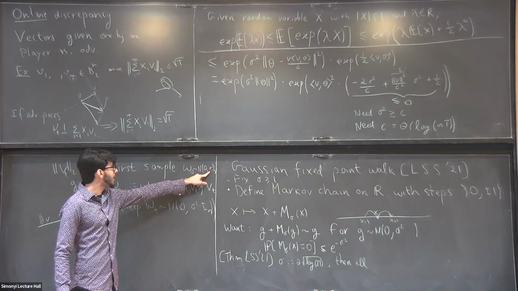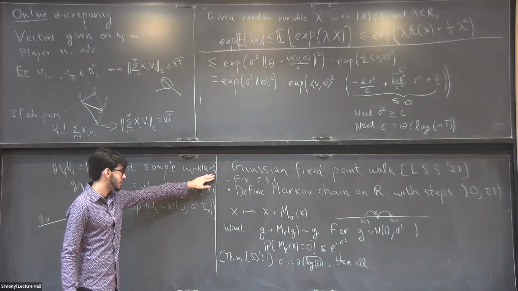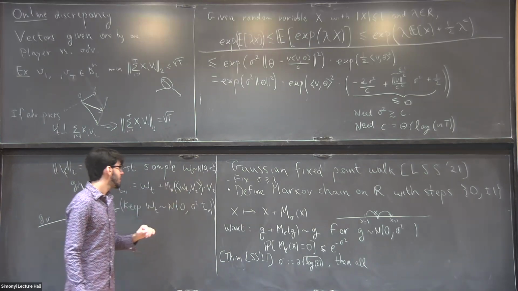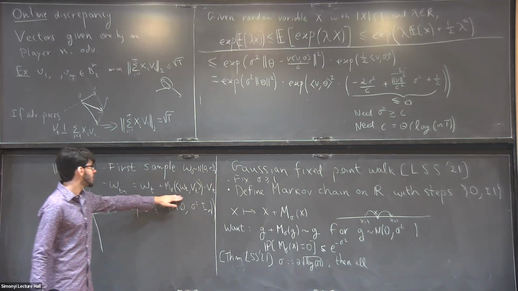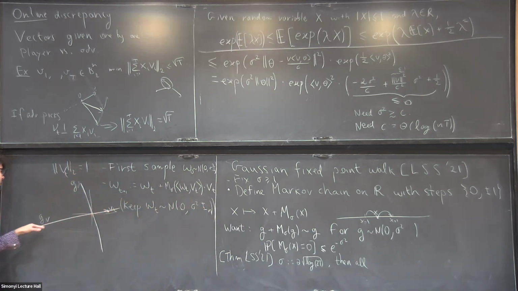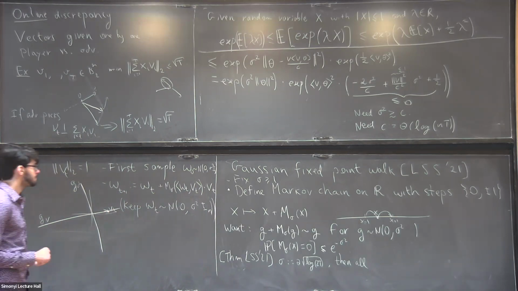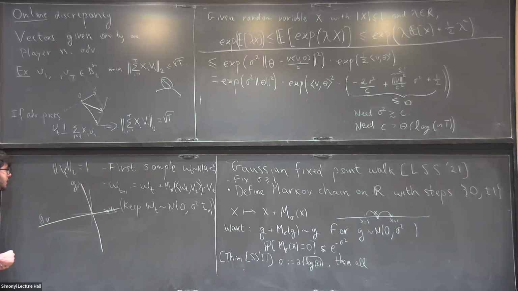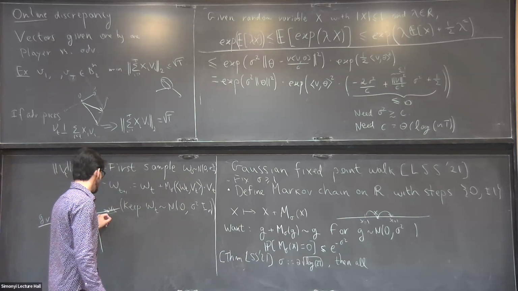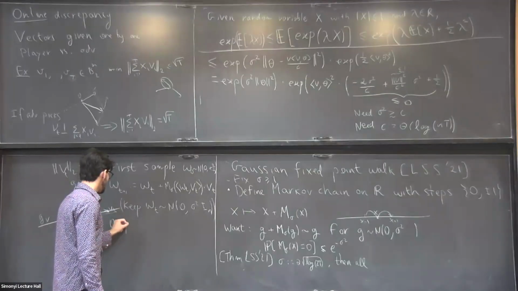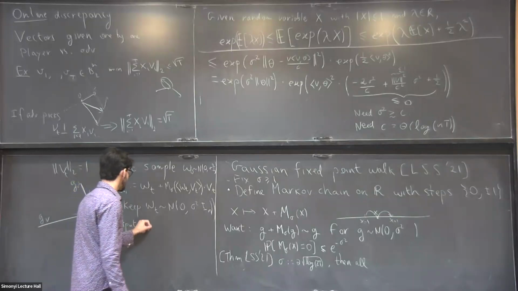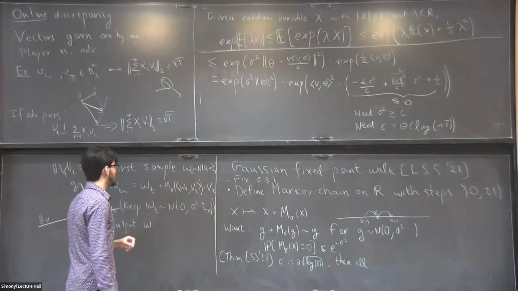In this part, I'm sampling from a multivariate Gaussian. But notice that here I'm only looking at the direction of V. So I'm really only taking a step in this one-dimensional line. And then in the end of the day, I output, I just subtract whatever I started with. So there's this warm start, I guess.